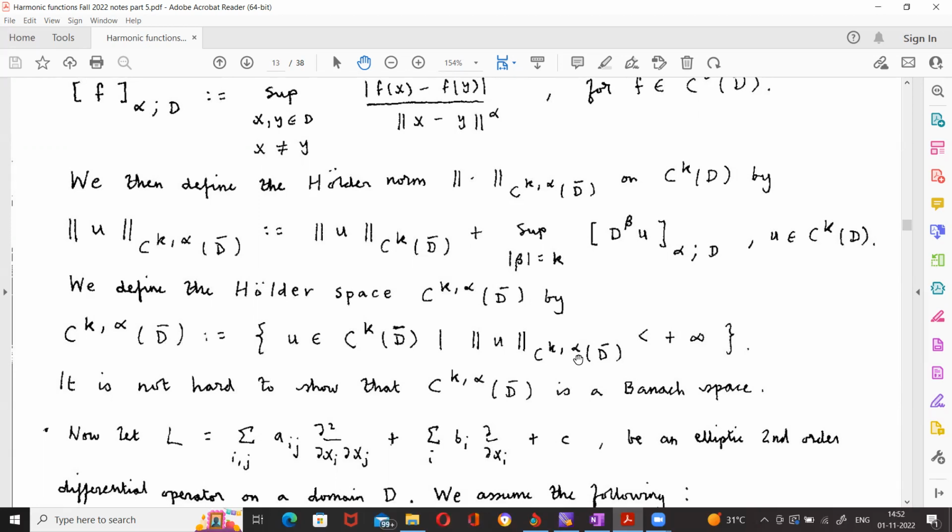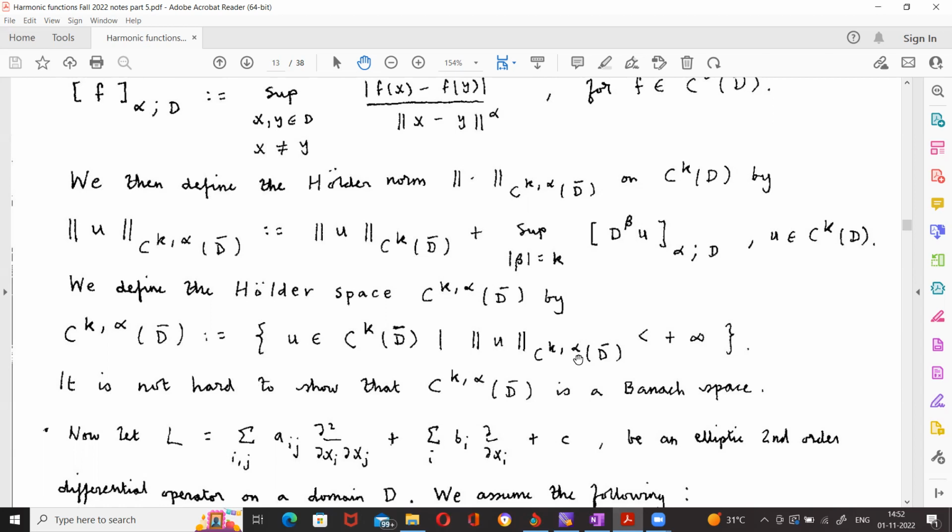So that's the extra condition that we need. For us, when we're studying second order operators, the natural Holder space to look at will be C2 alpha. That means you need two derivatives in order to apply your elliptic second order operator.